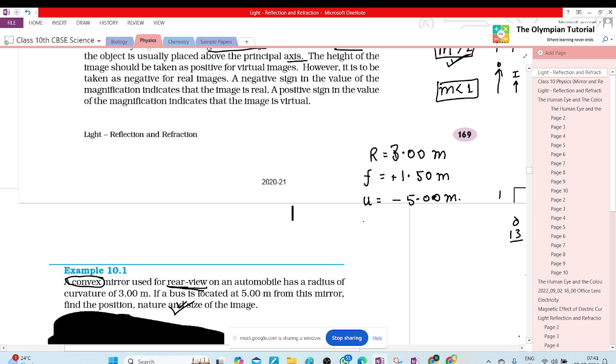What is the mirror formula? 1 by v plus 1 by u is equal to 1 by f.